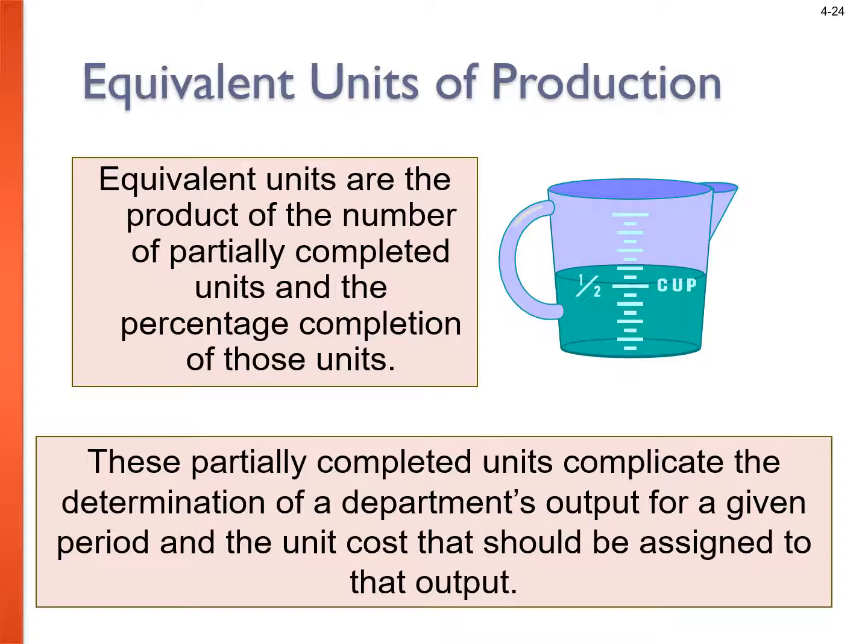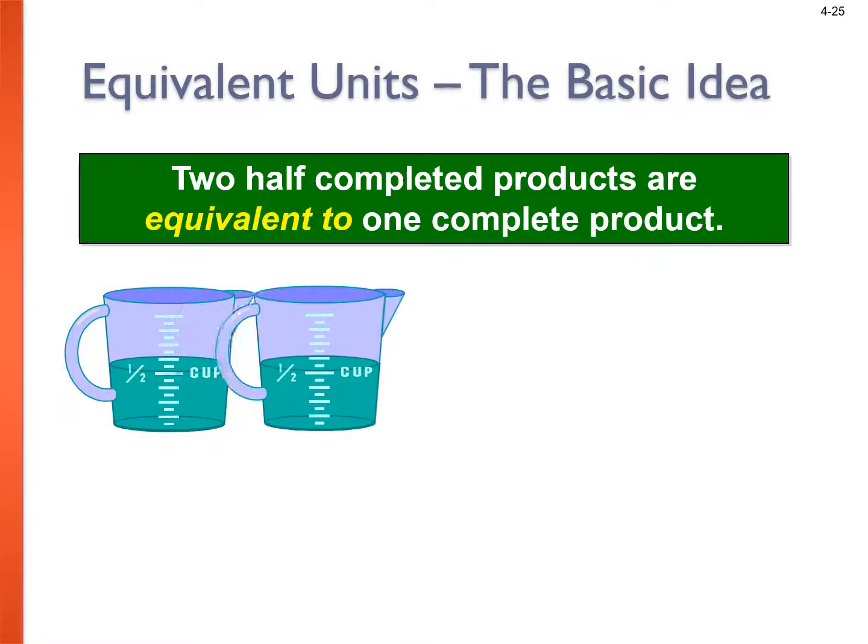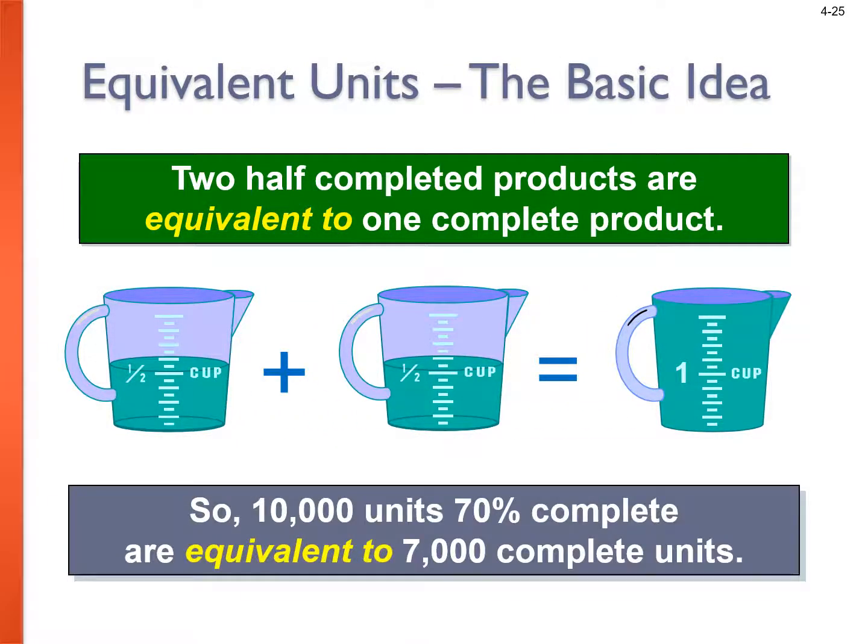So if you only have half of the potato chips ready, is that considered a unit? How much of a unit? So these are the things we need to define. So let's say you have two half-completed products. Well, that's like saying there's one completed.